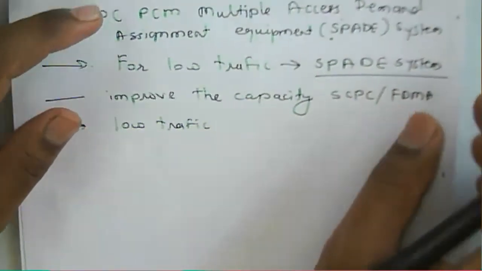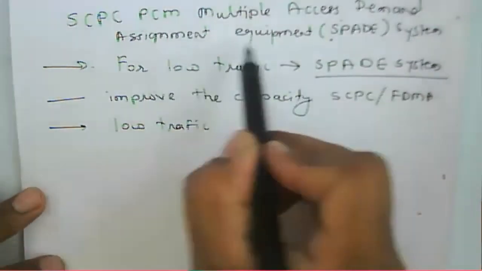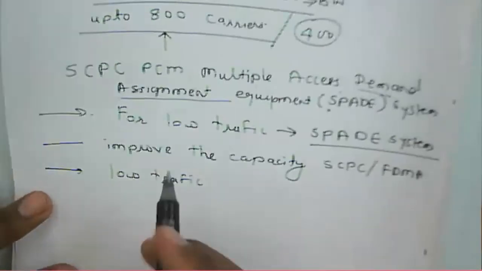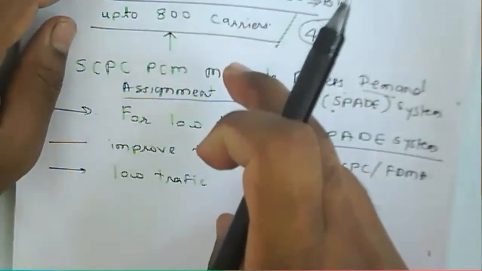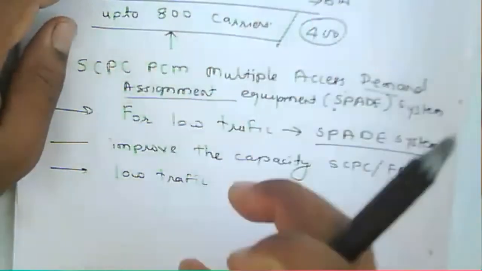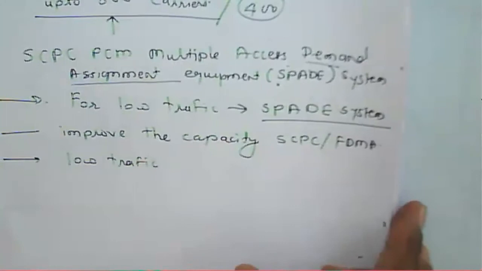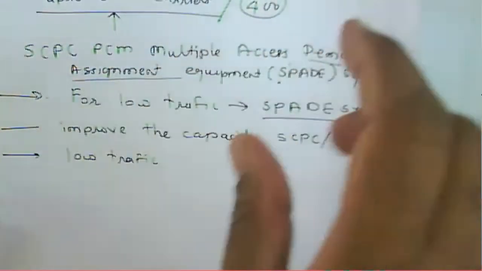Now in the SPADE system, we have some assigning of the channels. If it is low traffic, then we can assign the channel. If it is large traffic, then we have to consider the SCPC system.